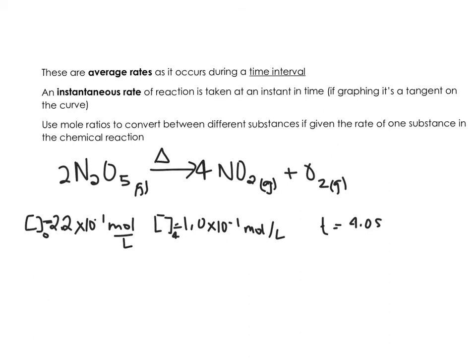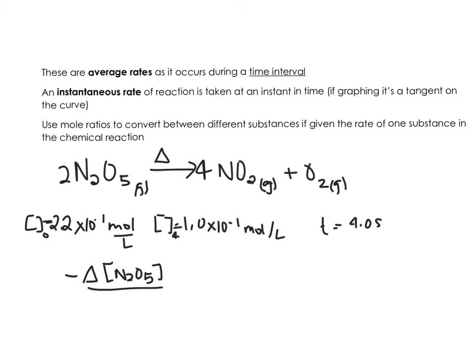Square brackets denote concentration. Okay, so let's write out our expression. It's negative because it's the reactant changing, so it's decreasing.